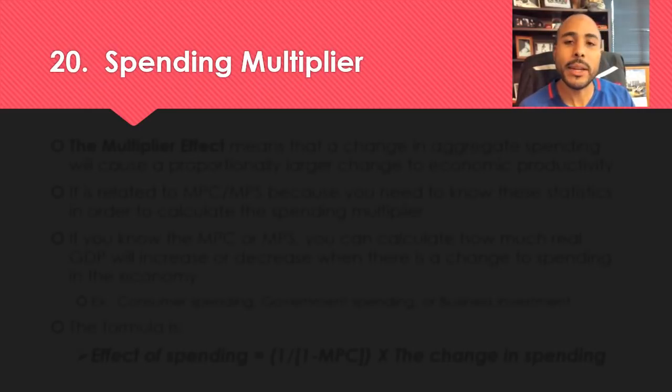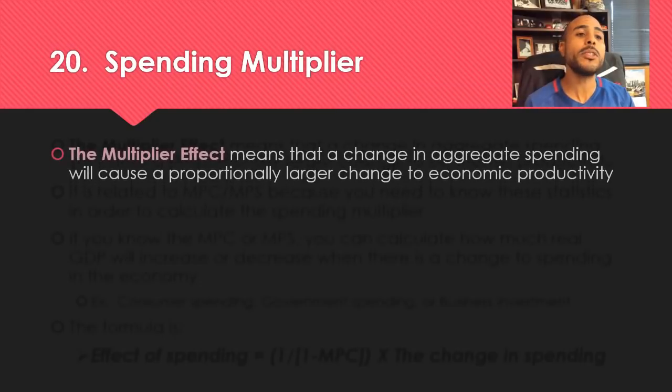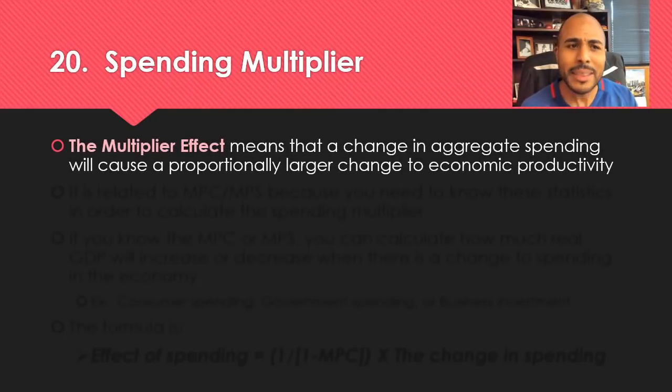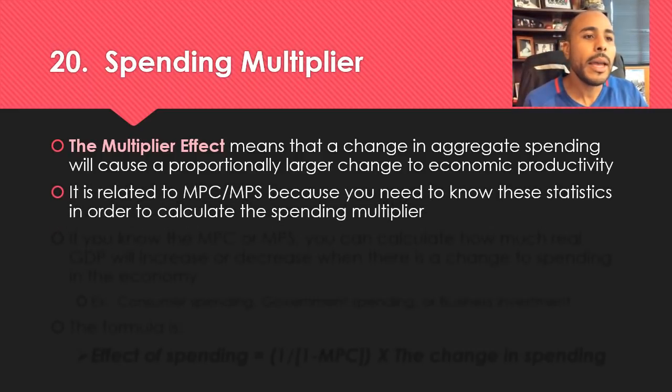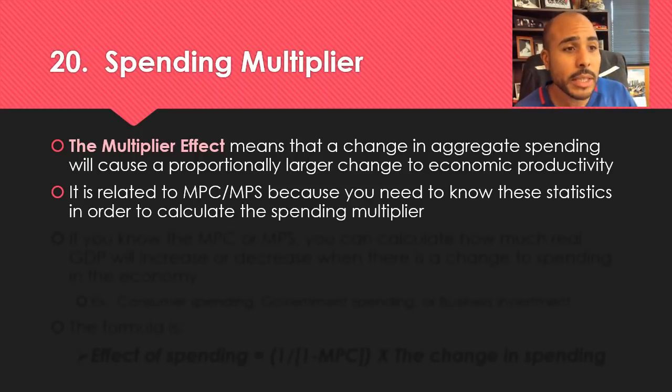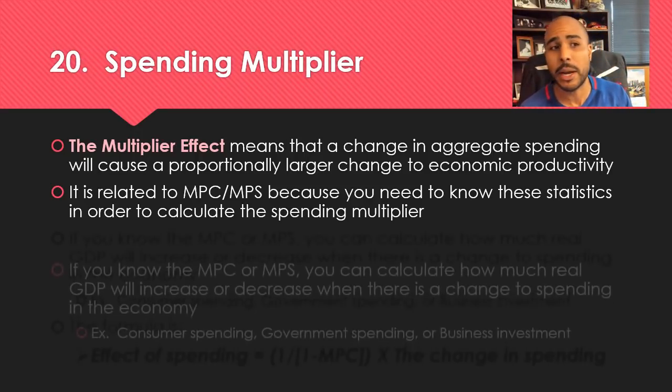Now, the reason we need to know the marginal propensity to save and the marginal propensity to consume is because it helps us understand the multiplier effect. That means that a change in aggregate spending, meaning total spending, will cause a proportionally larger change to our economic productivity, our real GDP. It's related to the marginal propensity to consume and save because you have to know those statistics in order to calculate the spending multiplier.